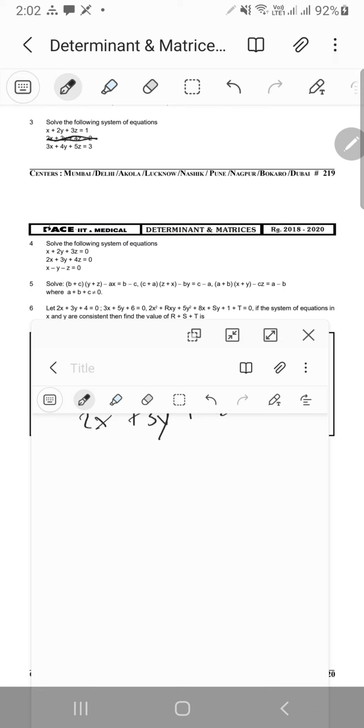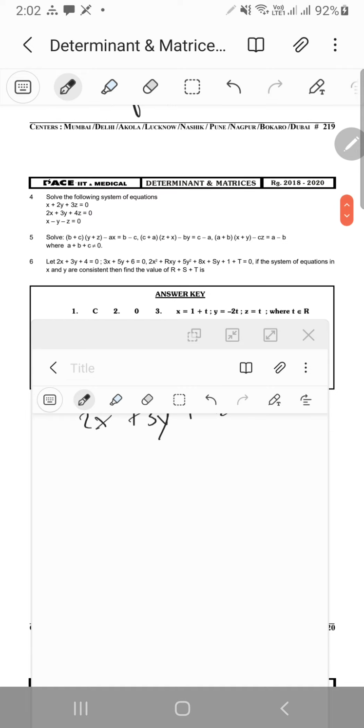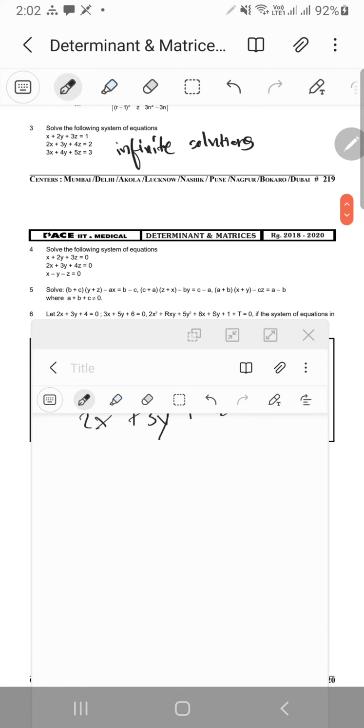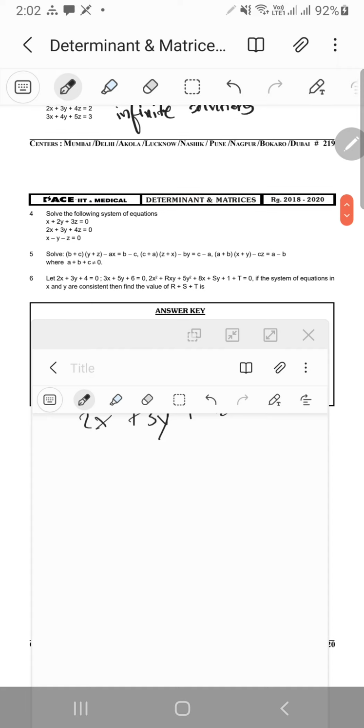So it will have infinite solutions. How am I supposed to solve this? Infinite solutions. Next question. Yes, that's correct. Solve the following system of equations. Let's check if one of them is redundant as well.